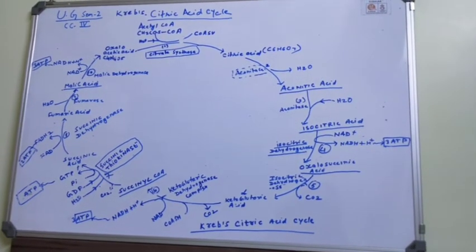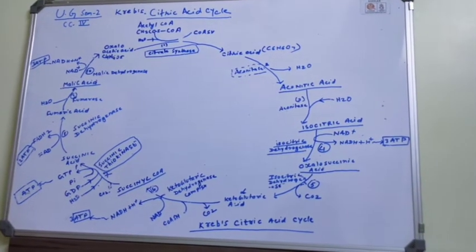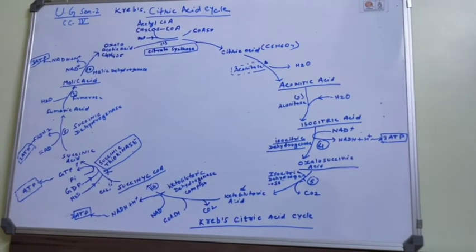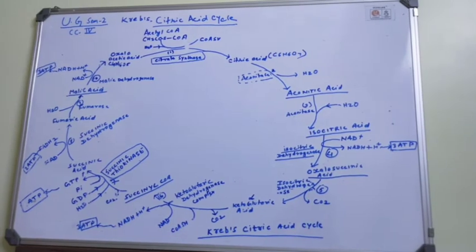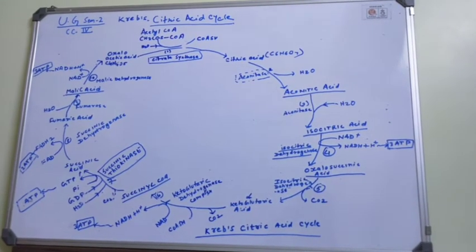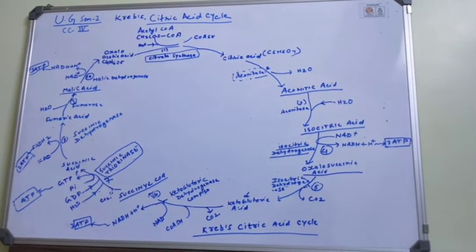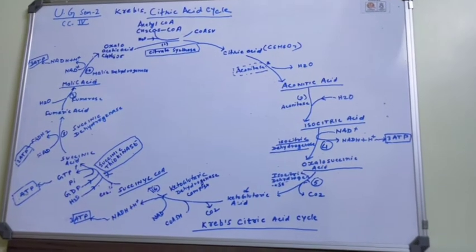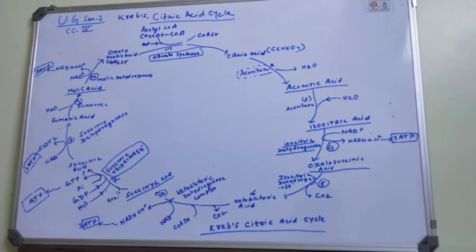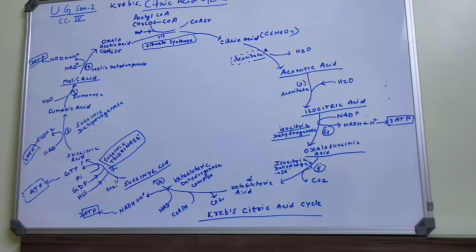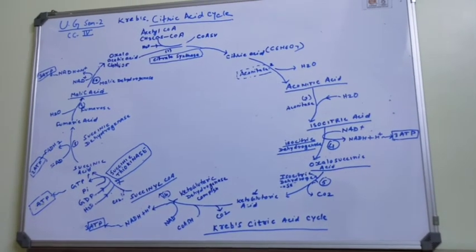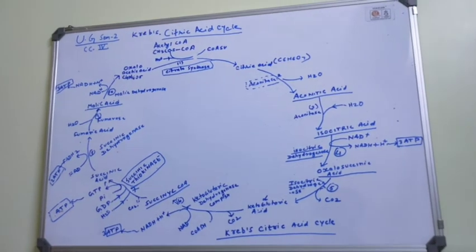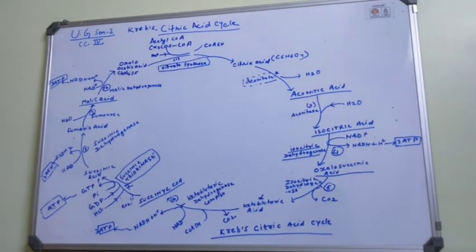Third, this cycle consumes acetate and water, reduces NAD plus to NADH and produces CO2 as a waste product. Next, NADH generated by the cycle is consumed in oxidative phosphorylation.